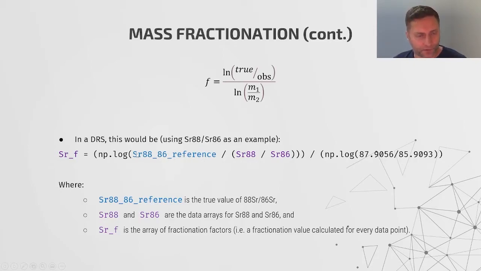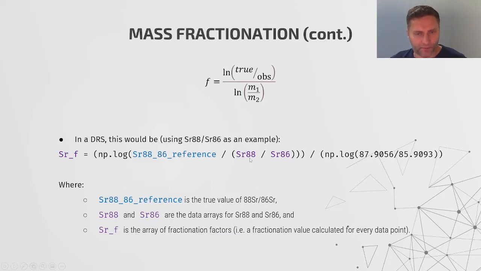And the reason why this is a variable and it's not hard-coded is because we may have different 88 to 86 values in our reference material file, or the user has entered a different value here. So that's the only reason that that is a variable. Whereas over here, the atomic masses are not variables because they're always the same.